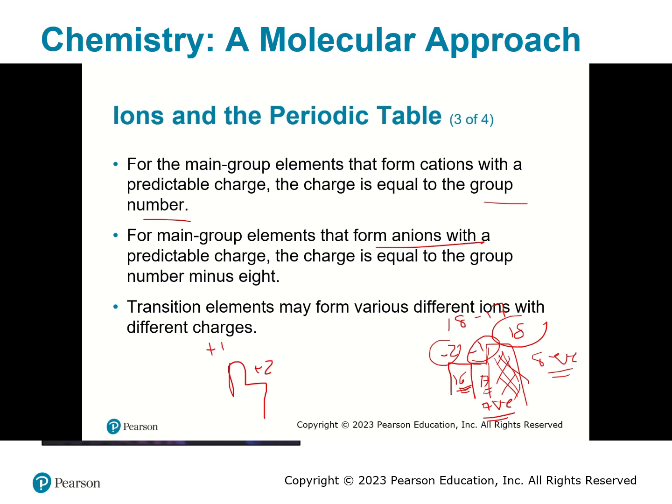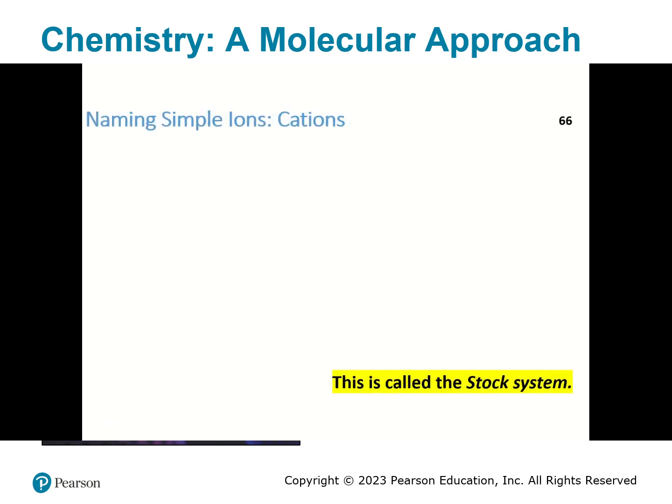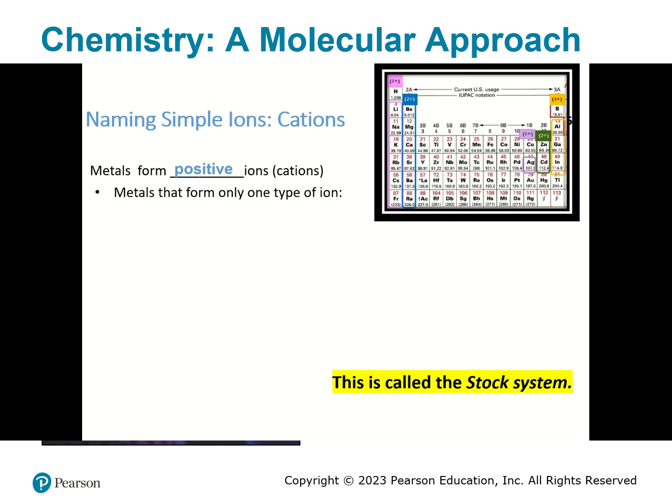Transitional elements may form various different ions. So we have fixed charge for the main group elements, and for transitional metals we have variable charges. Just to call your attention, metals will form positive ions, so we have cations. If you have to write the name for the metals, like magnesium, we write magnesium ion.